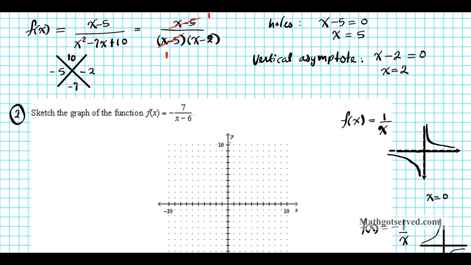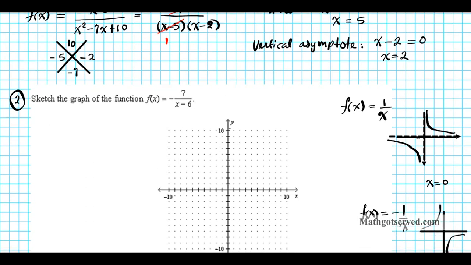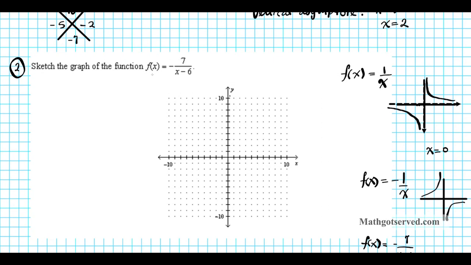If you wanted to do it in a different way, you can solve for the vertical asymptote. How do you solve for the vertical asymptote here? What you do is you set the denominator equal to 0, and you solve, and you have x equals positive 6. So you go down to positive 6, 1, 2, 3, 4, 5, 6, and you draw your vertical asymptote.